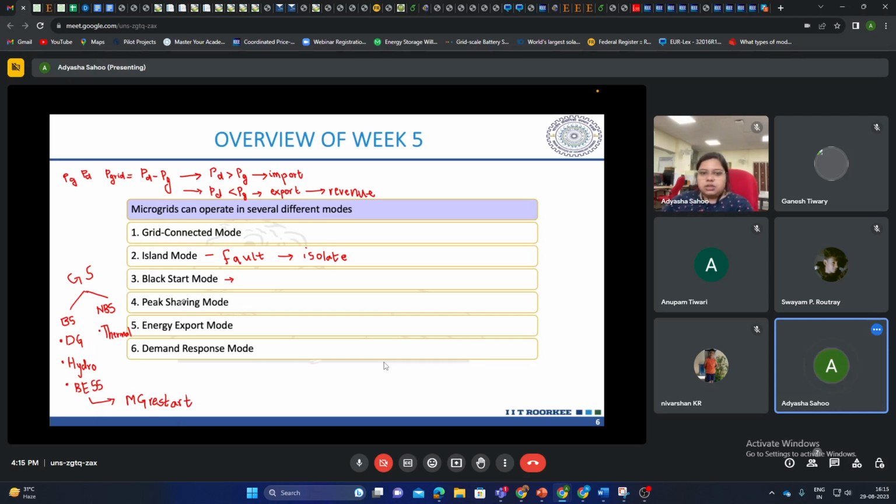Then we have peak shaving mode. What will happen in this mode? This is when we have high demand, that is, peak demand.